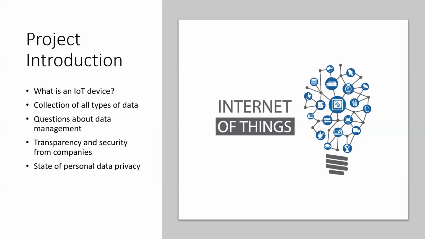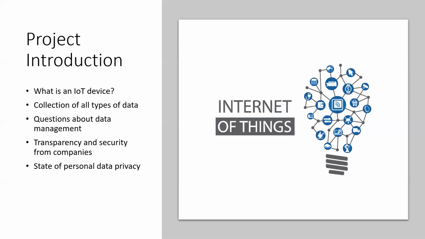Because I realized with the Internet of Things, I had more questions than I realized: what data was being collected, how are they storing that data, are they being transparent with privacy, do they share that data with other people, and are there actual security measures that I can look up and determine that this is what is being done to protect my data.